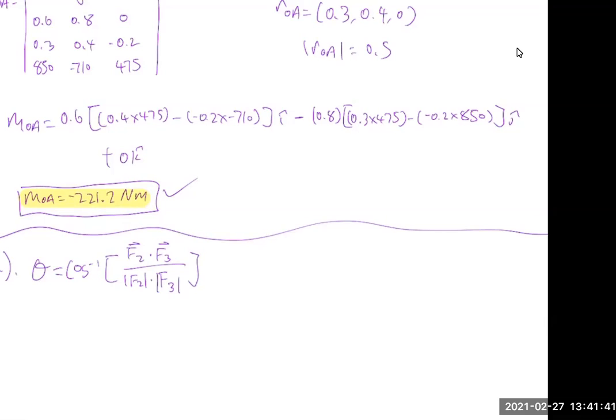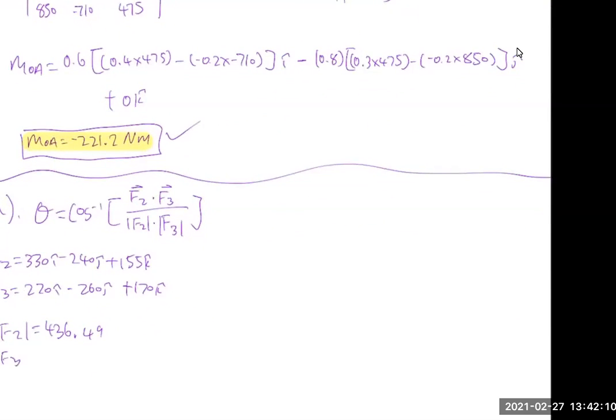My F2 is 330I minus 240J plus 155K. F3 equals 220I minus 260J plus 170K. The magnitude of F2, I got 436.49, and for F3, I got 380.657. Then put them in.